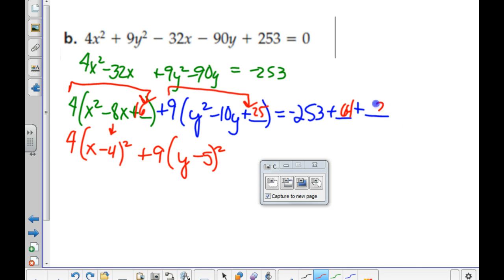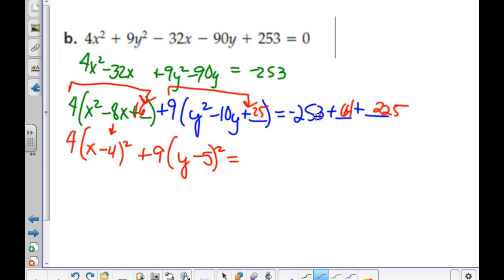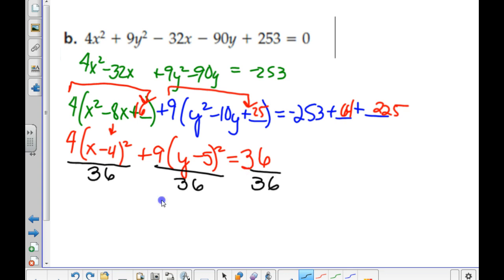Somebody helping me? And then over here, negative 253 plus 64 plus 225. I'm going to take a wild guess that it's 36. Is that right? 36. Just because I knew it was probably something divisible by 4 and 9. Ah, 4 goes into 36. 9 times.